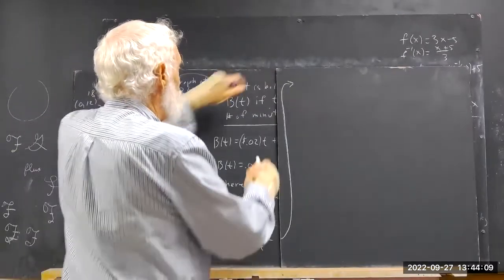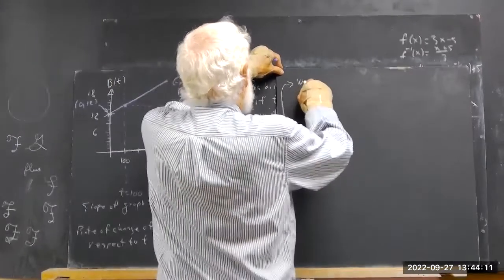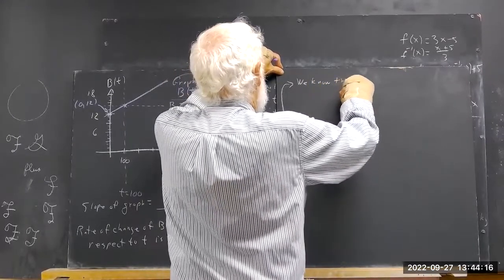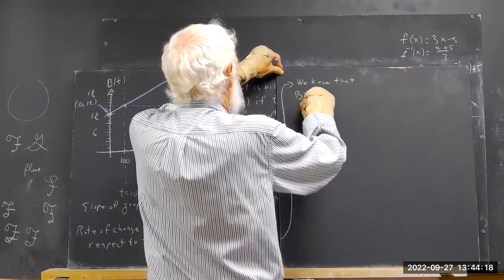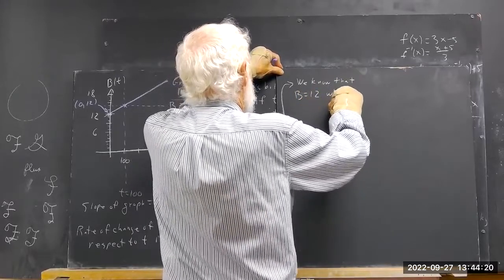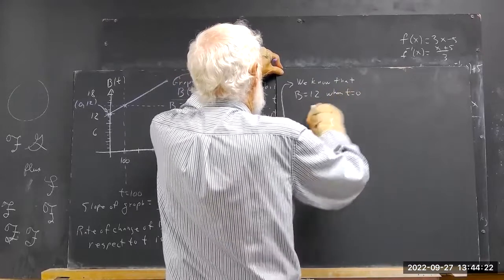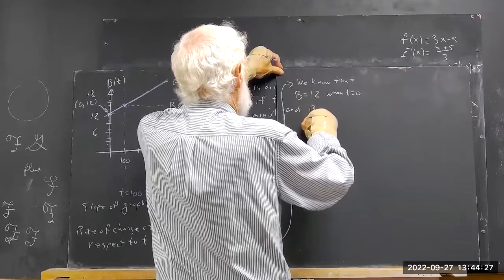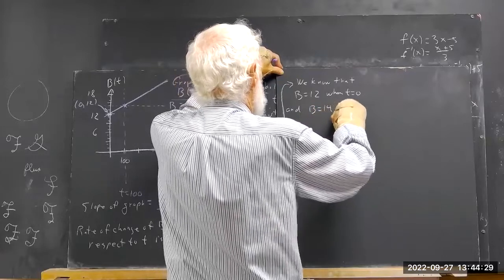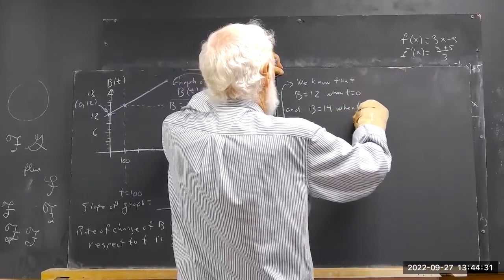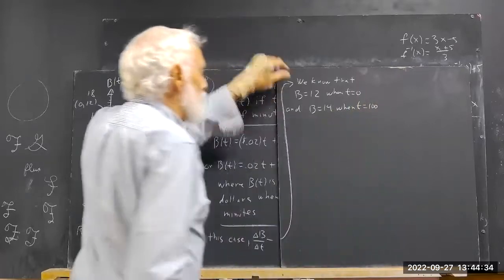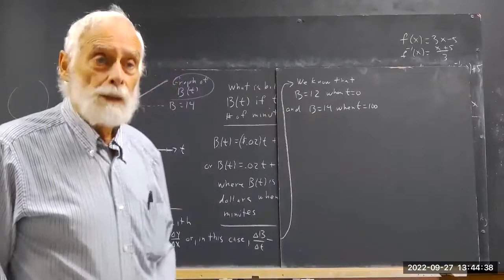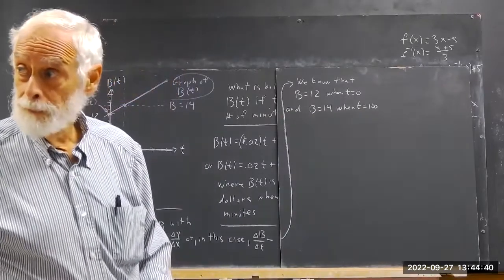And well, we know B is 12 when T is 0, and B is 14 when T is 100. Calculate a rate of change.